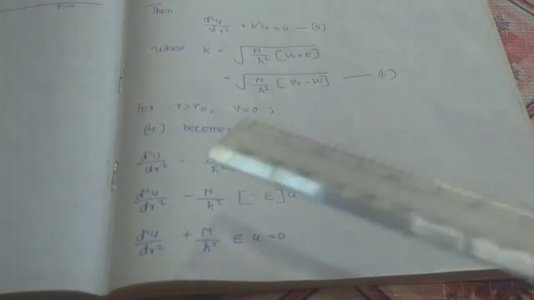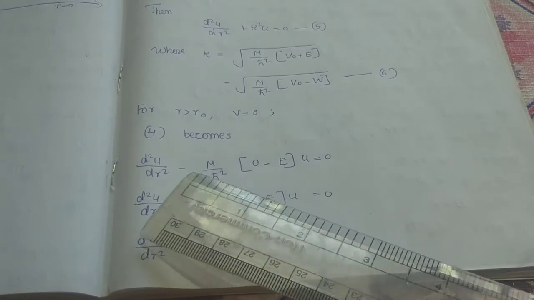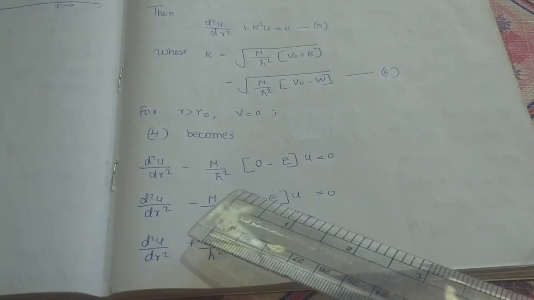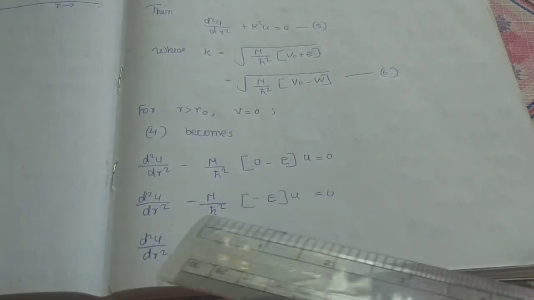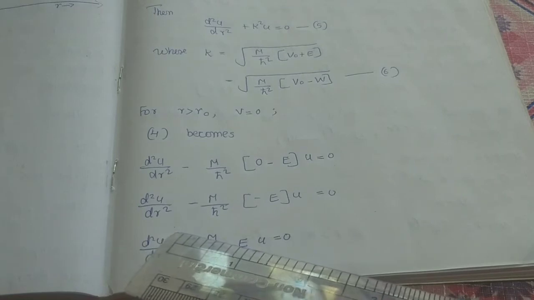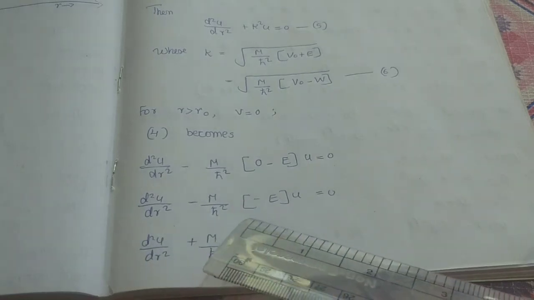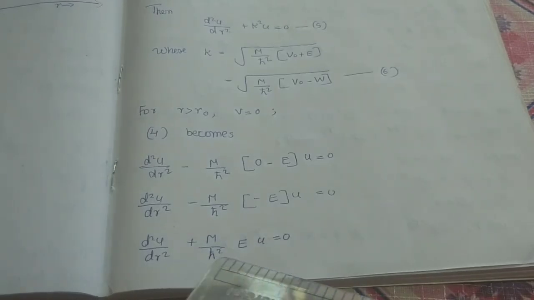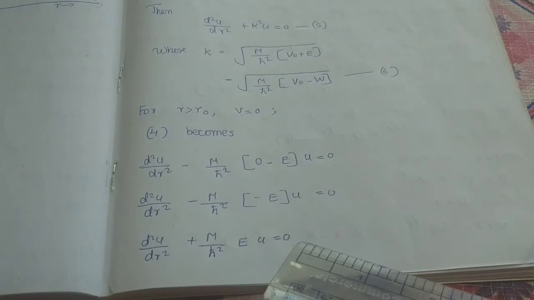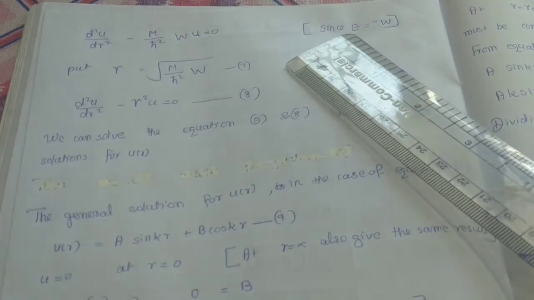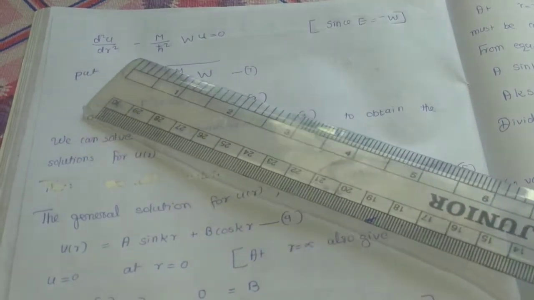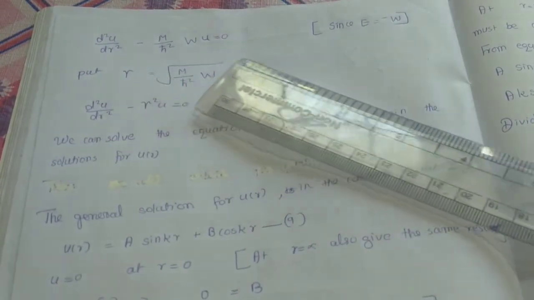Then the expression will become d square u by dr square minus m by h cross square into (0 minus E) into u equal to 0. That is d square u by dr square plus m by h cross square Eu equal to 0. Since E is equal to minus W, the above expression can be written as d square u by dr square minus m by h cross square Wu equal to 0.